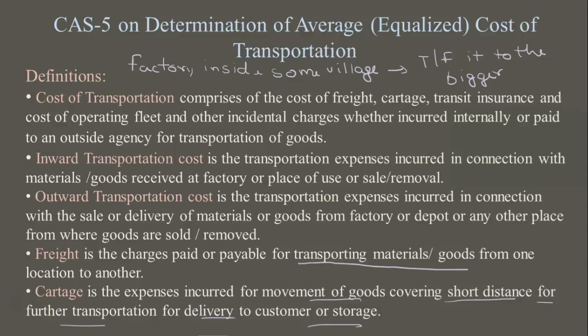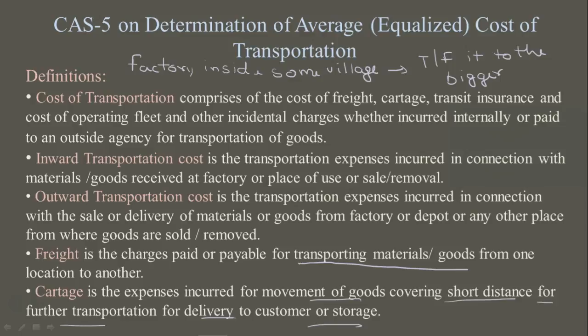Okay guys, is the cartage point clear to all of you, or any doubt in any of this point? Let me take one more example. Lot of the times companies will not sell their goods directly from the factory. First of all, they transfer the goods from factory to the depot.